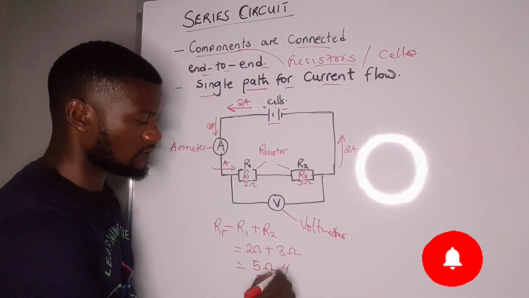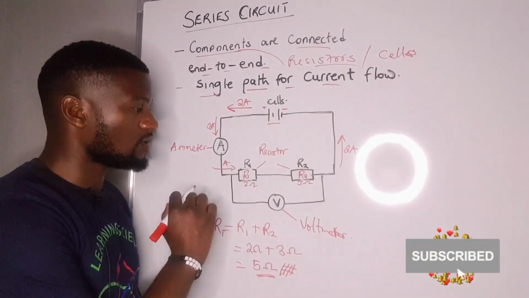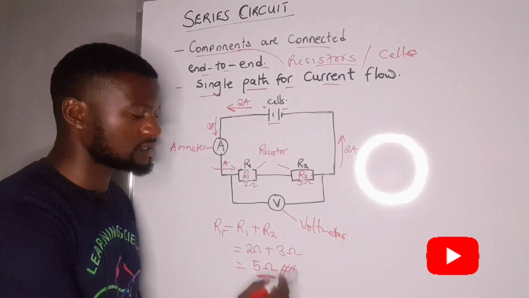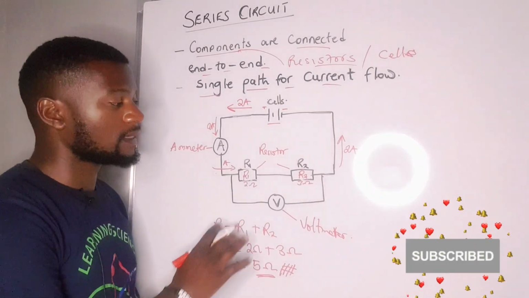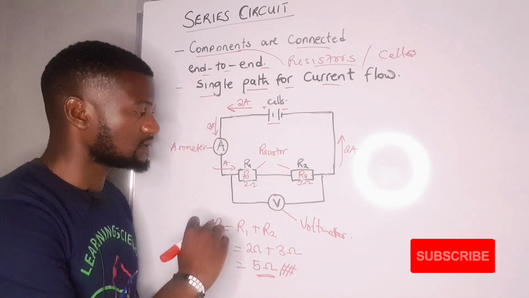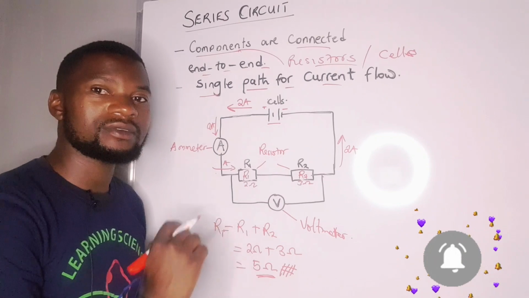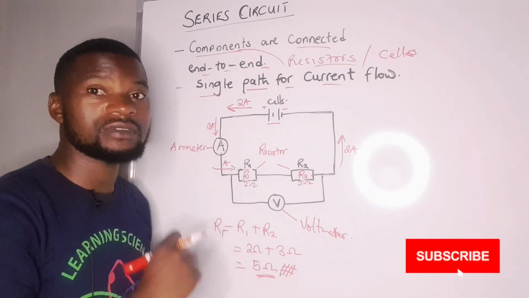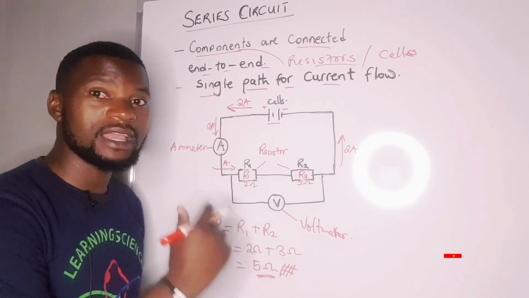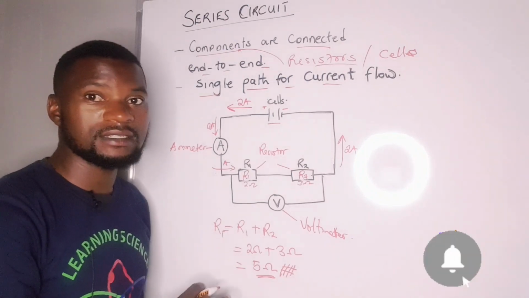That's why we are saying the sum of the individual resistances is equal to the combined resistance. In a series arrangement, the combined resistance is higher as compared to the individual resistances.